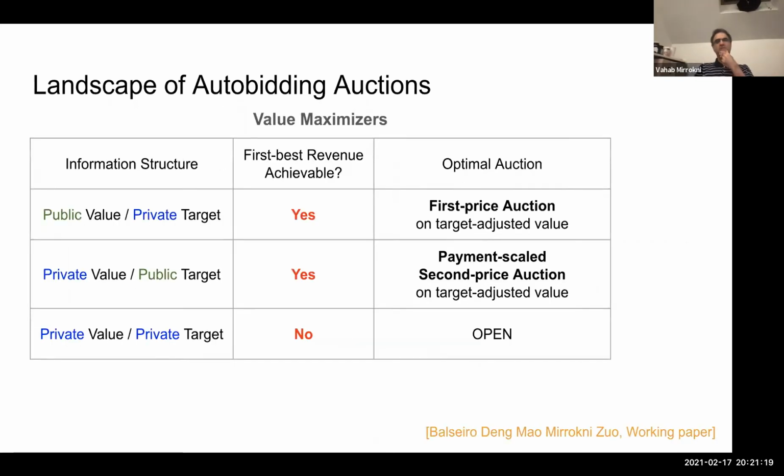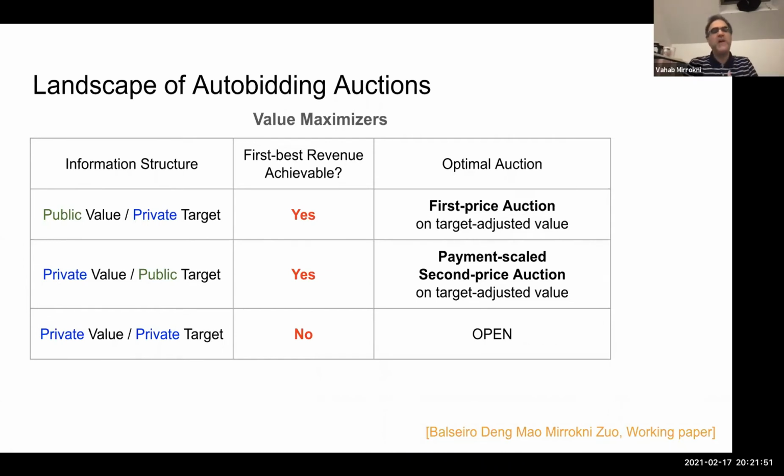The first thing you observe is that for value maximizers, under the information structure that values are public and targets are private, and the setting that the other way around, targets are public and values are private, the first best revenue is achievable by applying either a first price auction on target adjusted value or a second price auction with the payment scaling on target adjusted value.